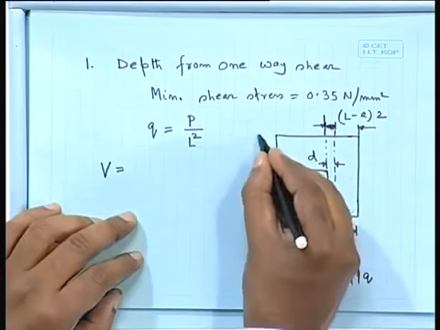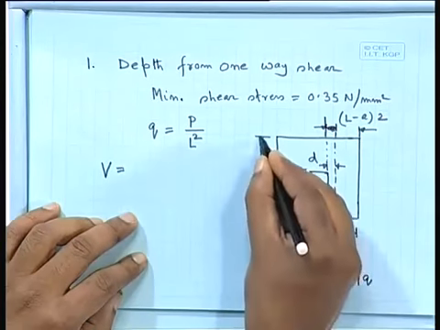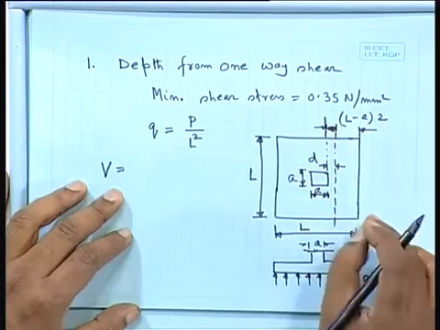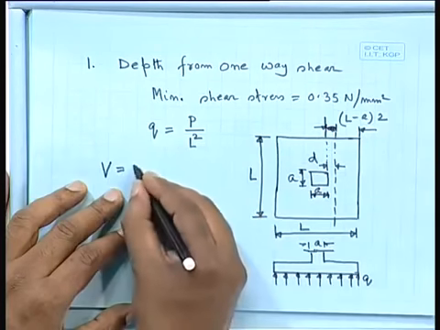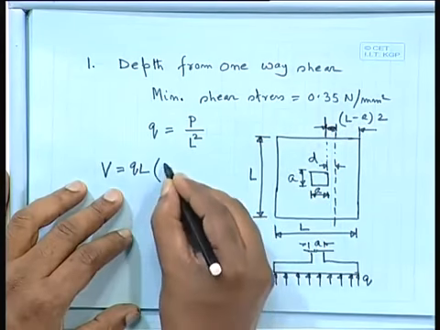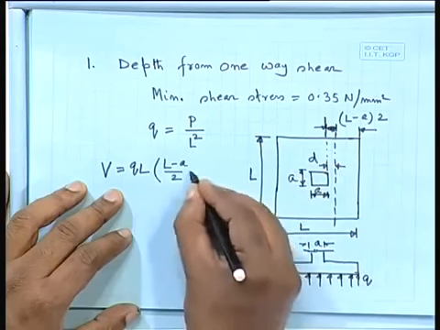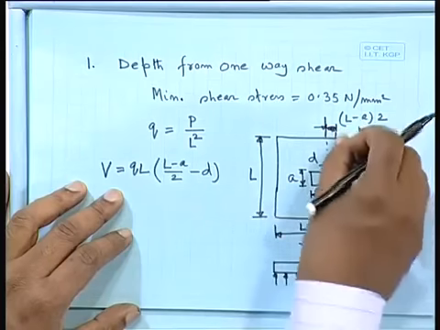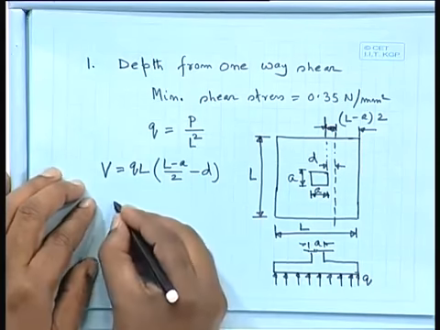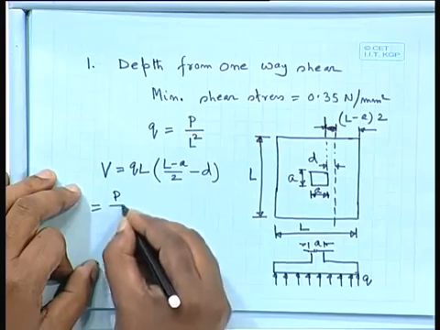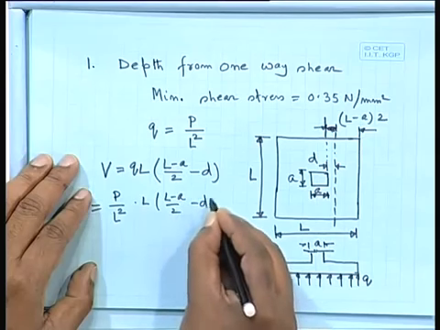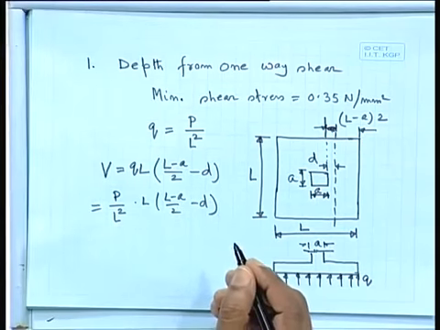This is also L. So V will be equal to Q times L, that means a unit strip per meter I can take, times L minus A by 2 minus D. So that is your shear force. So this is the shear force we are getting here.